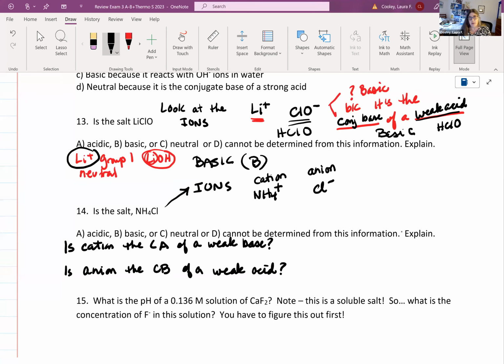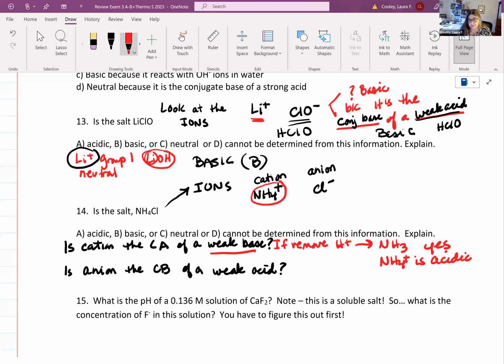Okay, so what about the first question? You should remove a hydrogen from it. You remove an H plus. Yeah. So if you remove the H plus, you end up with NH3, which is a weak base. So the answer to that is yes. So that means that NH4 plus is acidic.